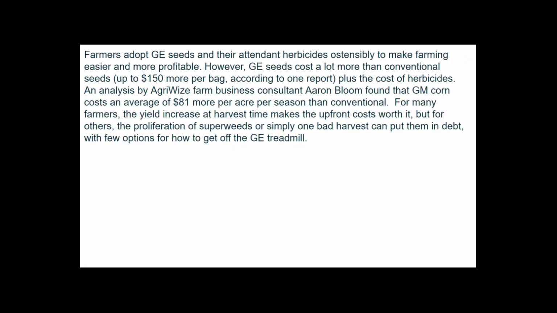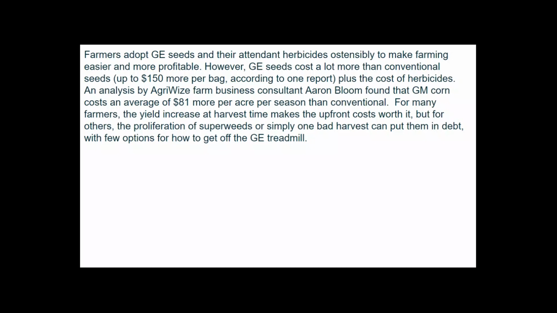Farmers adopt GE seeds and their herbicides ostensibly to make farming easier and more profitable. However, GE seeds cost a lot more than conventional seeds. Plus, there is the cost of herbicides. An analysis by AgriWise farm business consultant Aaron Bloom found that GM corn costs an average of $81 more per acre than conventional.